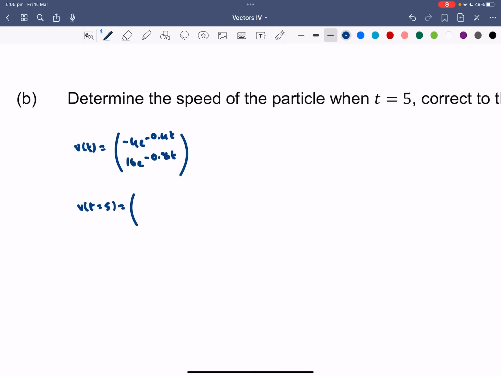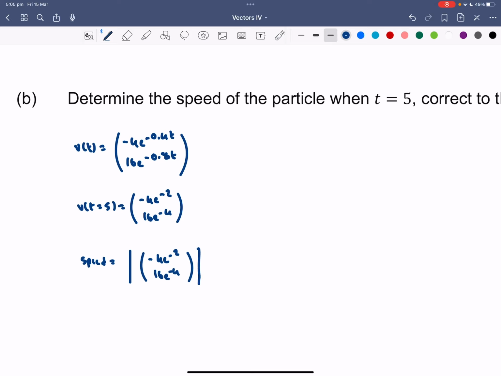When I sub t equals 5, you can keep it exact if you want. So that's minus 4e to the negative 0.4 times 5, which is negative 2. And negative 0.8 times by 5 is negative 4. So that is the exact velocity expression. We want the magnitude of that velocity expression because we want the speed. So speed is simply equal to the magnitude of the vector that we just located: negative 4e to the minus 2, 16e to the minus 4, easy.